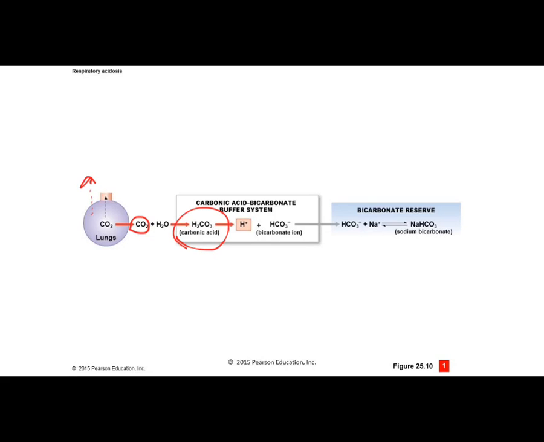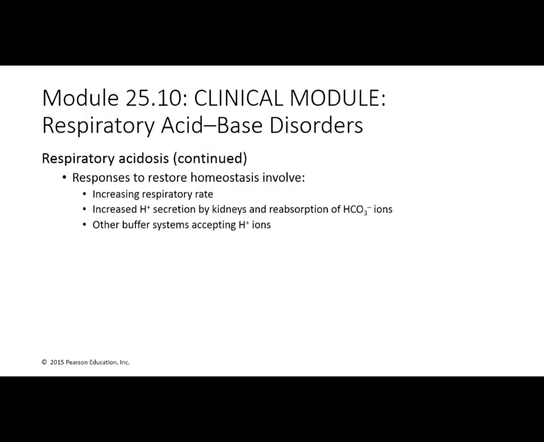That carbonic acid then breaks down, and again, what's happening is we're getting too much hydrogen. And that hydrogen now is going to start causing problems with our acidosis. So the respiratory rate will increase. The amount of hydrogen secreted by the kidneys will attempt to be increased. Everything's going to respond to this disturbance in the homeostasis.